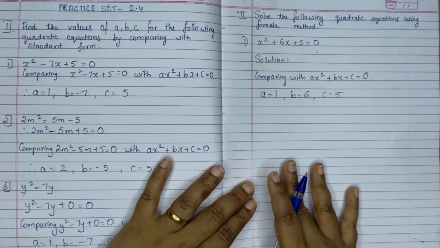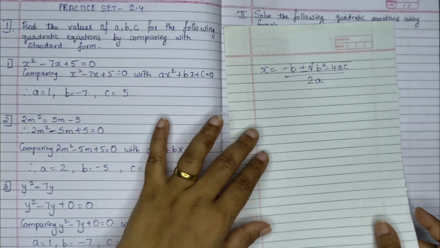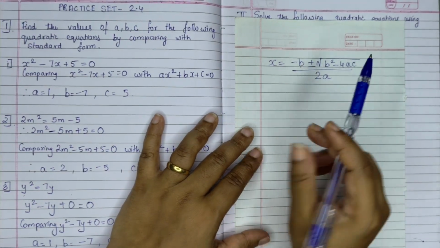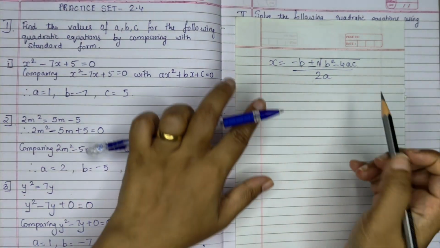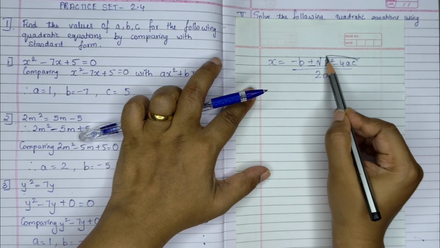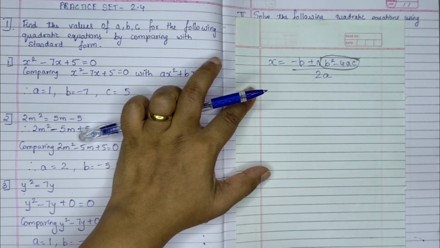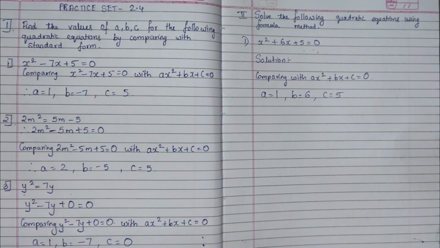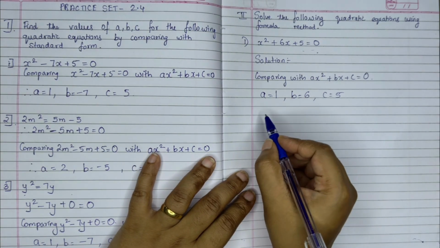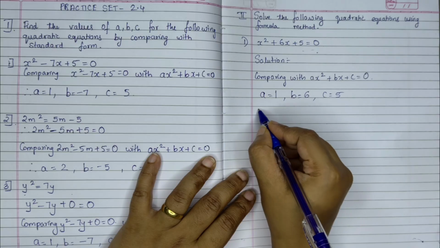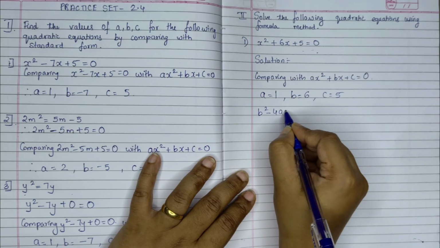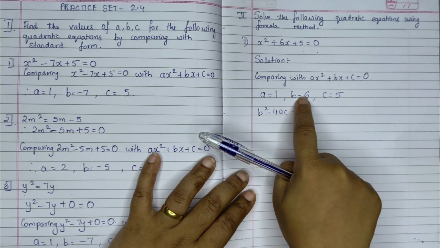Now what we are going to do in the formula, you can see the formula here. First we will find out this b square minus 4ac. The value of b square minus 4ac is equal to b square. What is your b? 6.